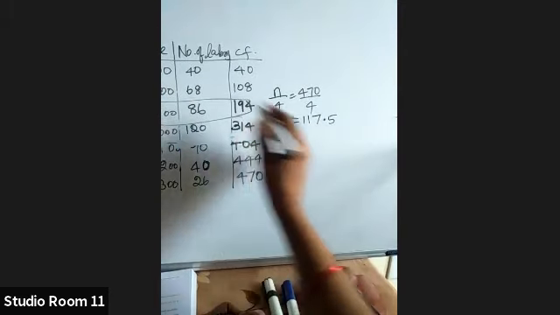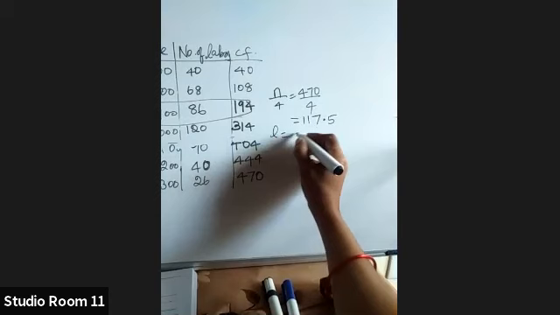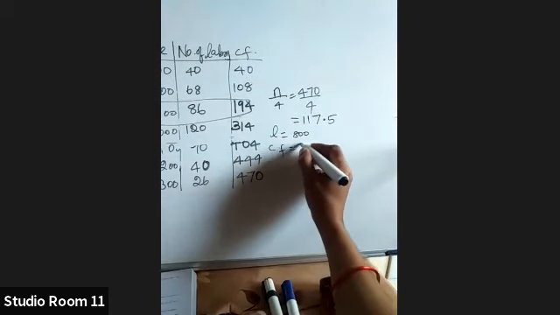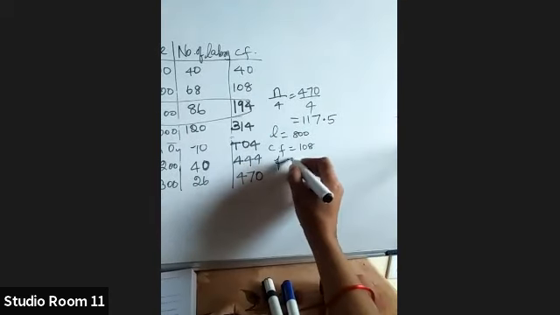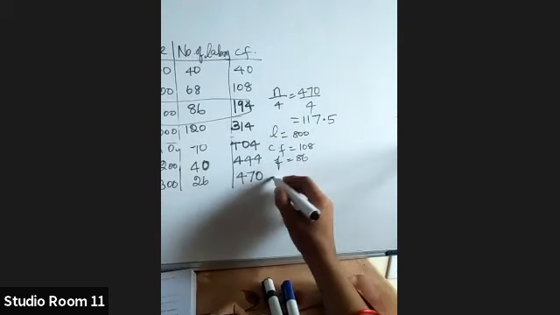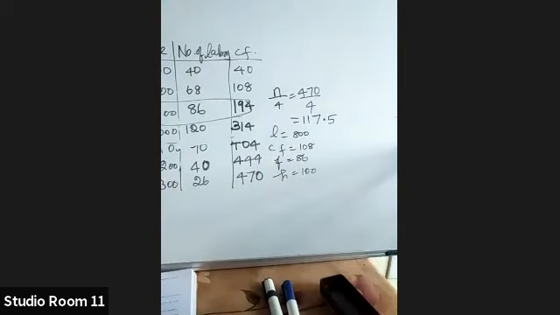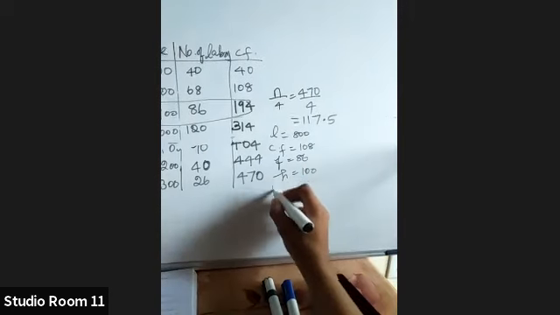Once you find the class, you mark down L. L is 800. What is the cumulative frequency of the preceding class? F is the frequency of the class. H is the width or size of the interval, the same thing. Apply in the formula. What is the formula for the quartile?